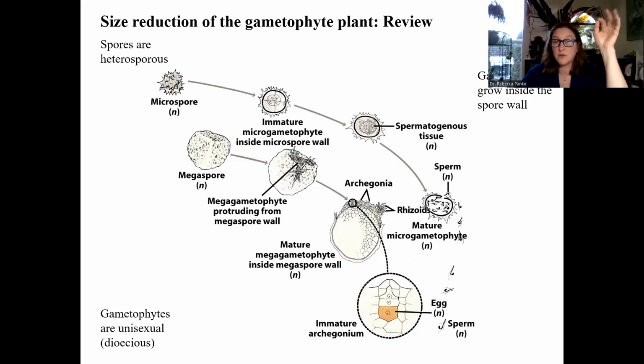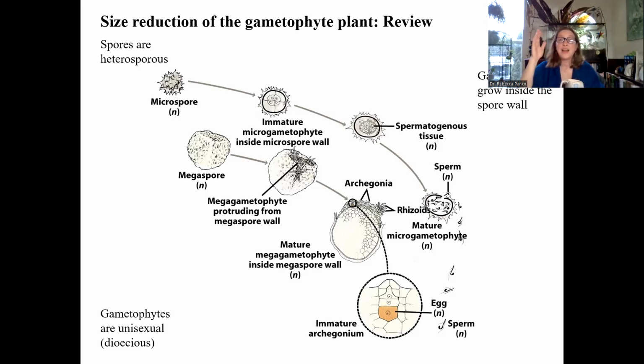So it's okay to say dioecious for heterosporous, but I don't want you to get it twisted, because it's the sporophyte plant. Heterosporous or homosporous refers to spores. And what plant makes spores? The sporophyte plant. So you can describe the sporophyte plant as being homosporous or heterosporous.